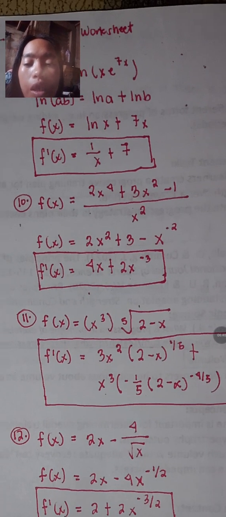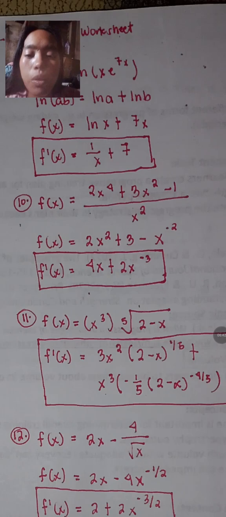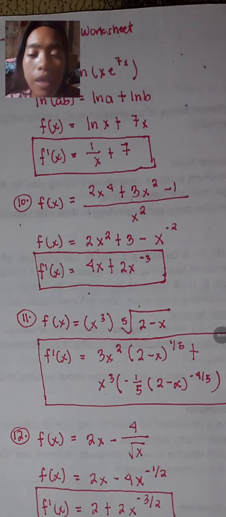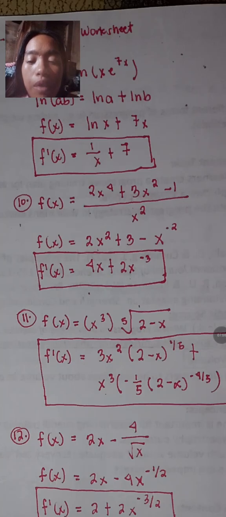So number 10, f of x is equal to 2x to the 4th power plus 3x squared minus 1 all over x squared. So f of x is equal to 2x squared plus 3 minus x to the negative 2. So our derivative, f prime of x, is equal to 4x plus 2x to the power of negative 3.